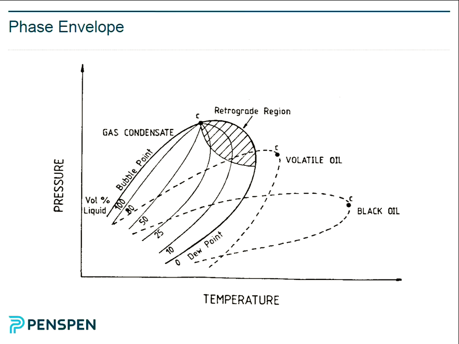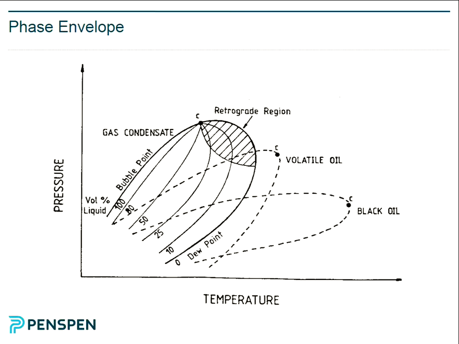So that's the bubble point, reducing pressure. And then here, the dew point, reducing temperature, hits that line. That's 0% liquid, then you've got 10% liquid. You're starting to get droplets of liquid forming, basically. So they call that the dew point. And where they meet is the critical point.